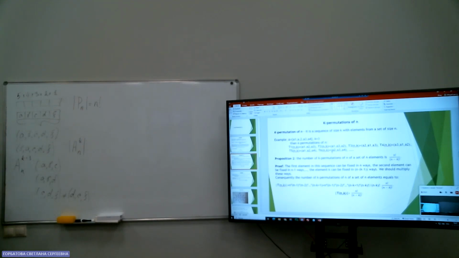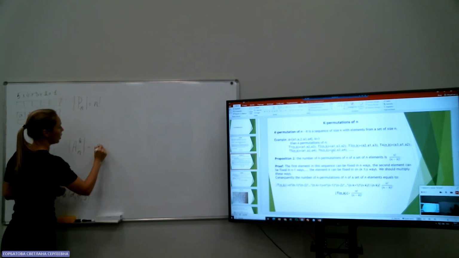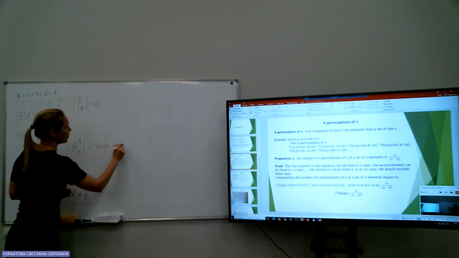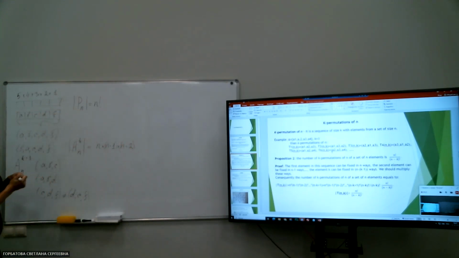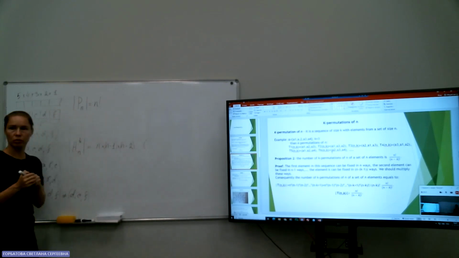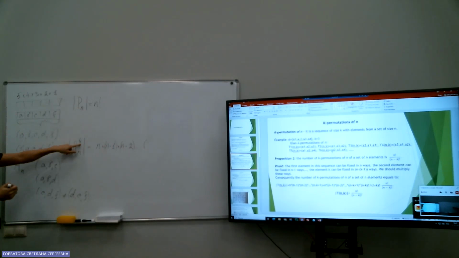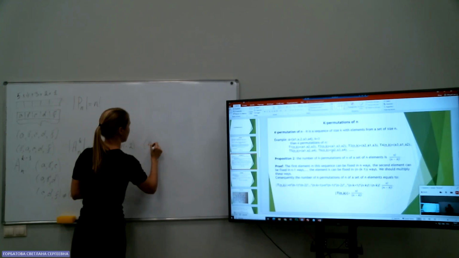So the number of k permutations from n elements, it is also n multiplied by n minus 1 multiplied by n minus 2, as well as here, and so on. And the last element will be what? 1. No, not 1. N minus k. N minus k. Are you sure? N minus k.